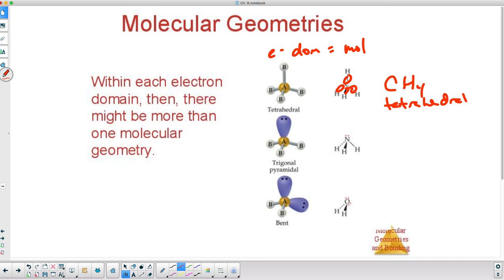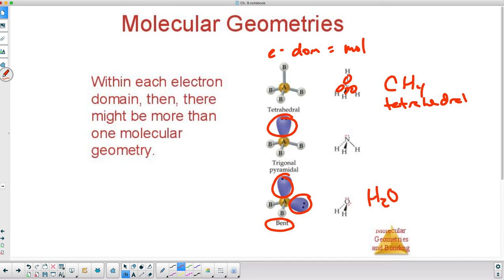When there's 1 non-bonding pair, that changes the shape. So here we have a shape called trigonal pyramidal because we got rid of one of these bonds and replaced it with a non-bonding pair. So what happens if I have 2 non-bonding pairs on the same shape of tetrahedral? Then we get what's called bent. Very scientific, isn't it? That's what H2O looks like, though.